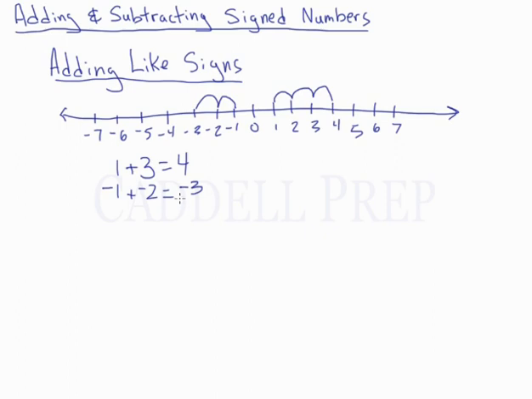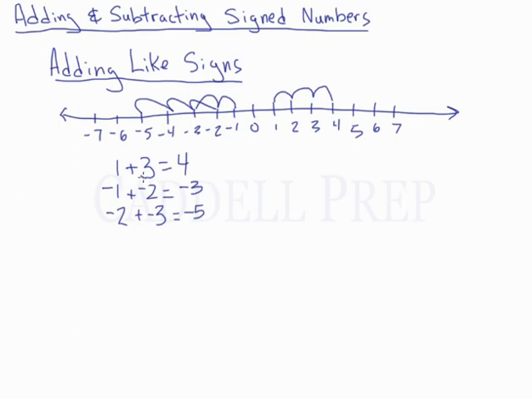Negative 3. Okay, now let's take a look if we add negative 2 and negative 3 together. So we start here at negative 2. It's 1, 2, 3. So negative 2 plus negative 3 is negative 5.